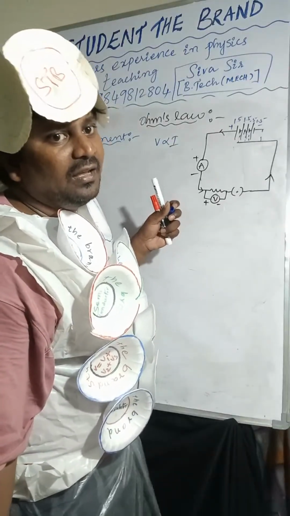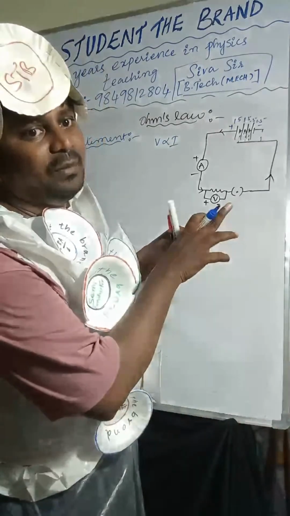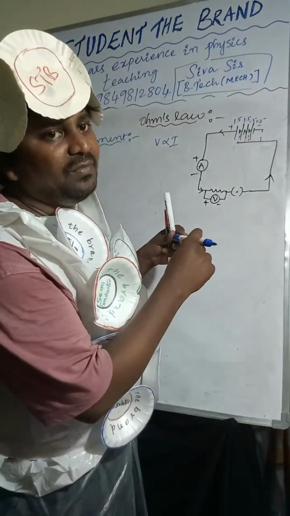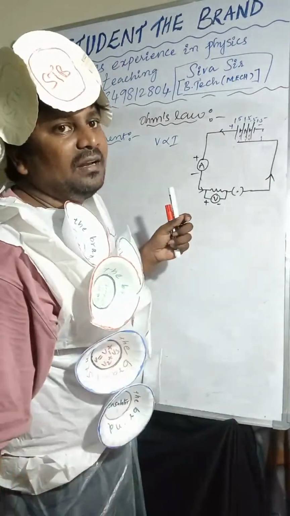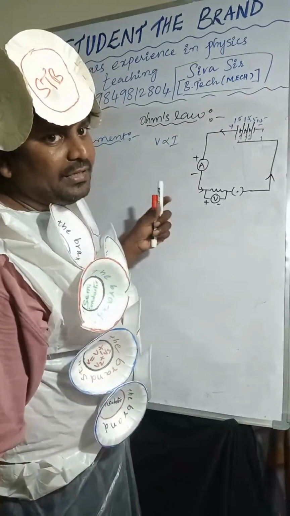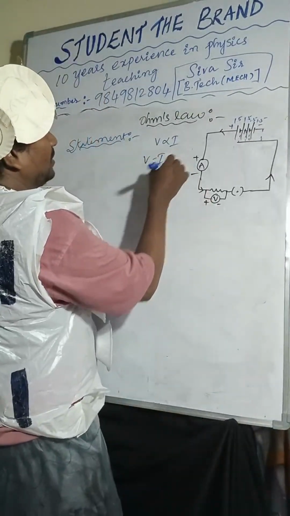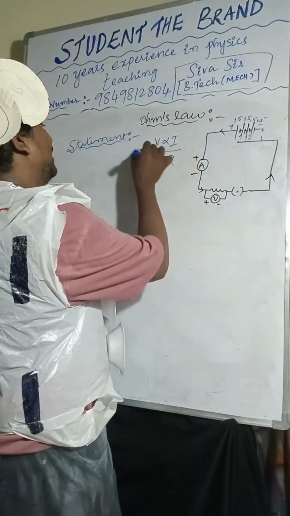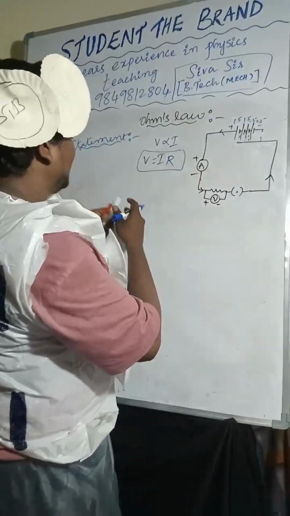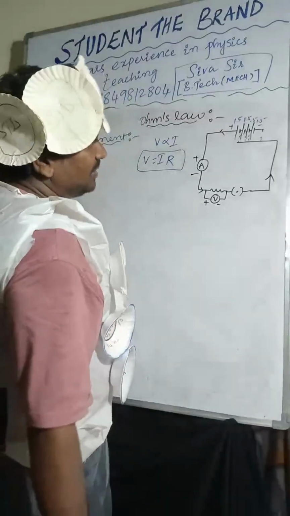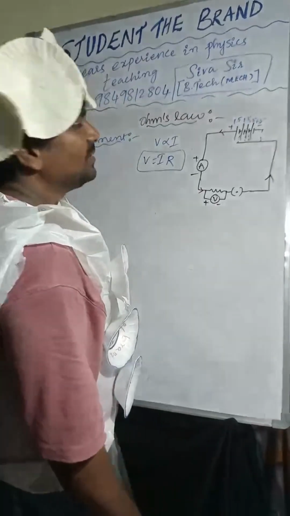Hi Danishka, welcome to the class. The potential difference across the ends of the metallic conductor is directly proportional to the current flowing through it. So V is directly proportional to I, V equals IR.